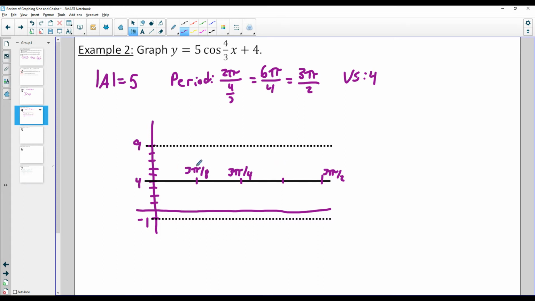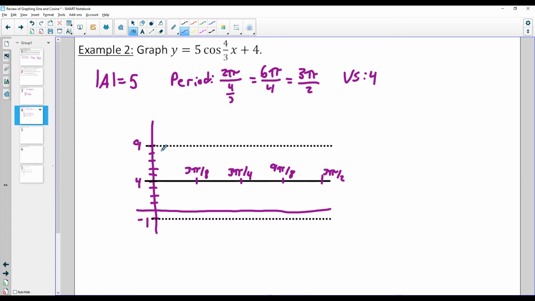Then this would be 9 pi eighths. Doesn't really matter.